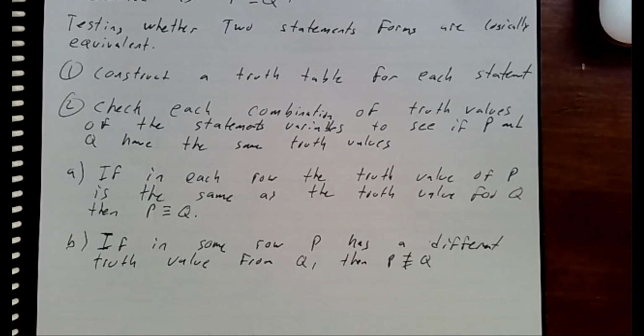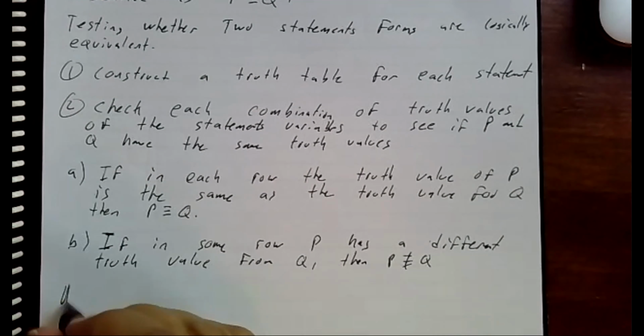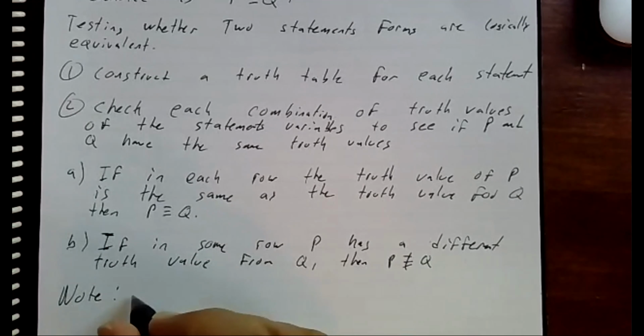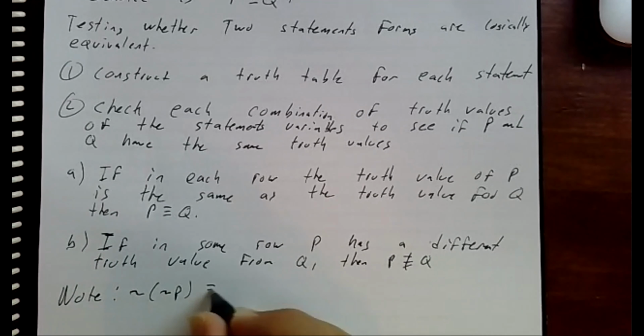All right. So let me just mention one more thing and then we'll do a couple of examples. First thing I'm going to mention is negations. Please note that if you negate a negation, that'd be the same as the original, right?